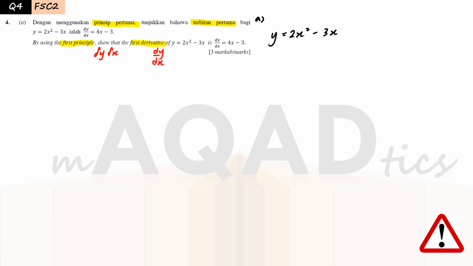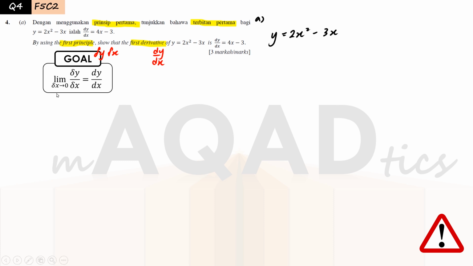So our goal here is to change the left side of the equation, which is y, to become this, where delta y over delta x, and then there's a limit here. Why we need to change into this is because this is equal to dy over dx, which is the thing that we are trying to find now. Okay, so our goal is to change the left side to be this.